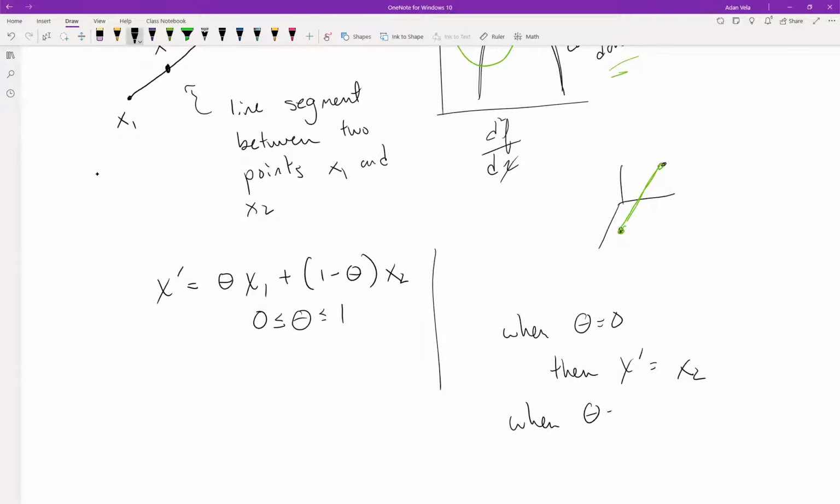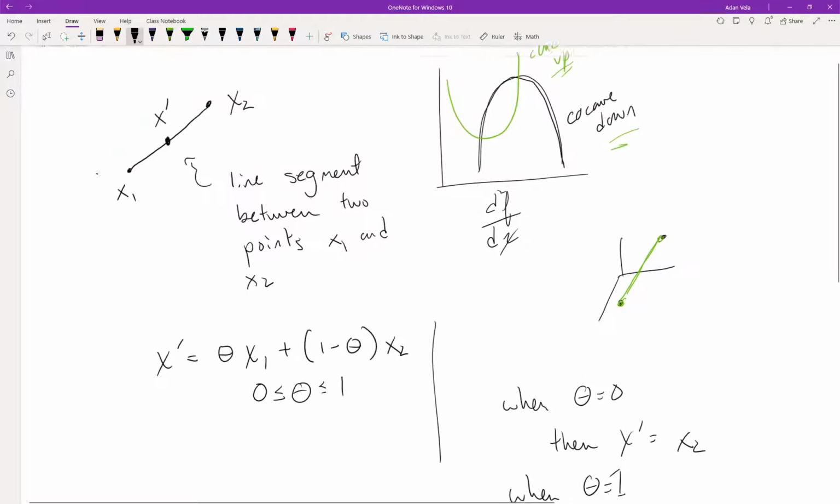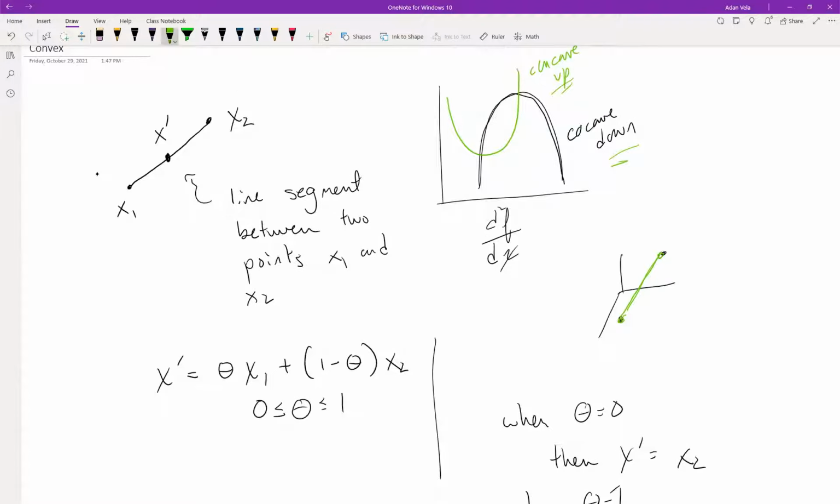When theta is equal to 1, if you work out these equations, then 1 minus 1 will be 0. So you're going to have none of x2, but you'll get 1 times x1. So in this case, x prime is equal to x1. On our graph, theta equals 0 is this point, and theta equals 1 is x1. If I wanted a point 1/3 of the way, I would select theta equal to 2/3.